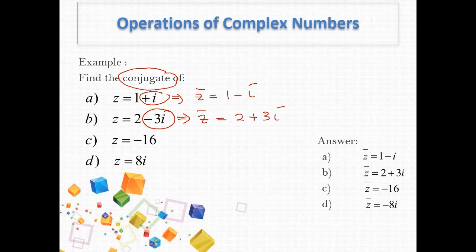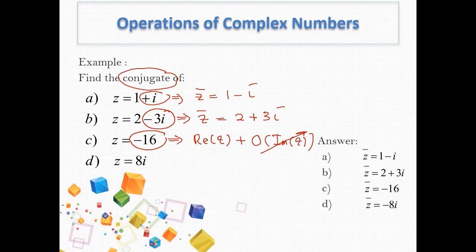For C, our z is equal to minus 16. For C, we only have the real part, so we have 0 imaginary part, none for imaginary.